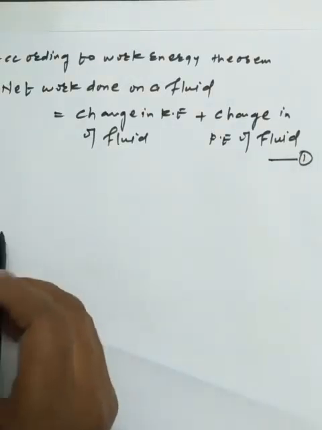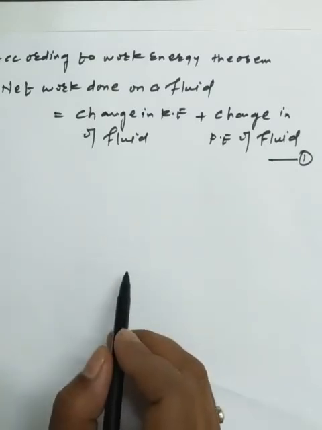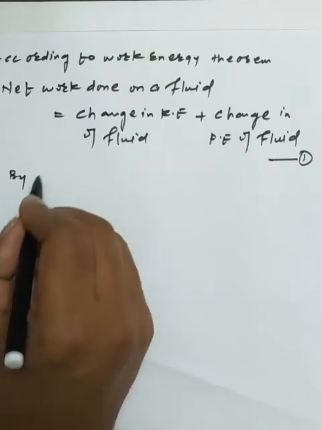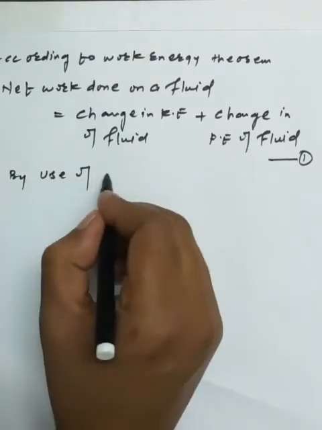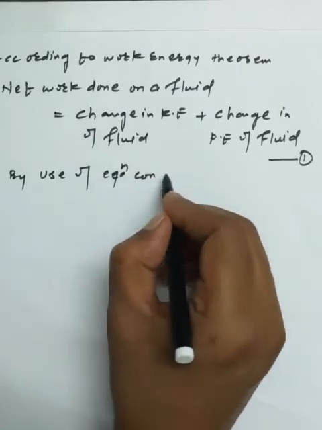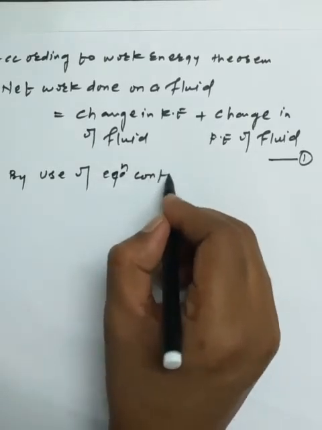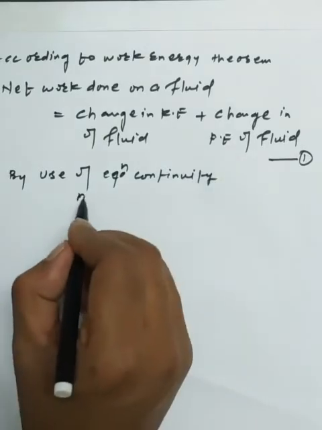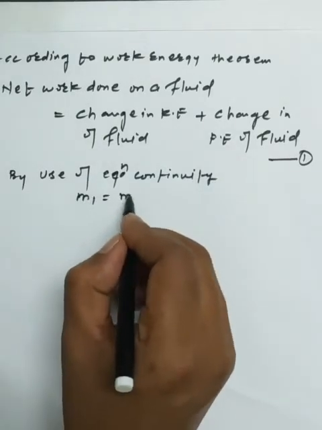Okay. So here we are using the concept of the equation of continuity. By use of equation of continuity, we are writing that m1 is equal to m2.